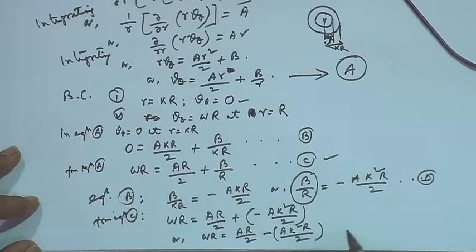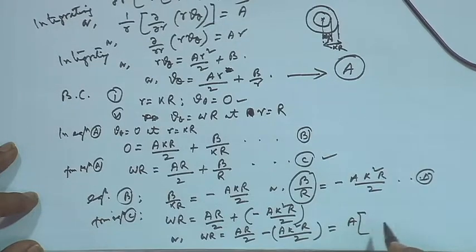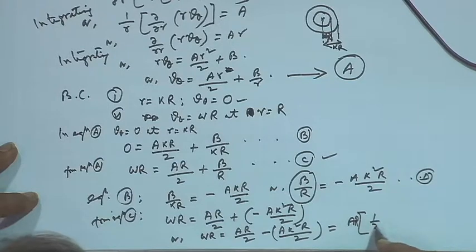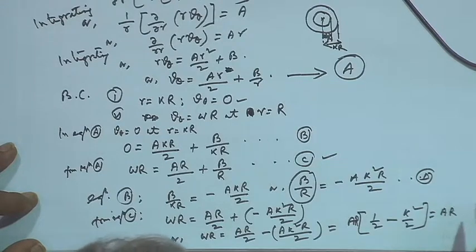So, on simplification, if we take out a R, then we can write this is 1 by 2 minus k square by 2, is equal to a R into 1 minus k square by 2.